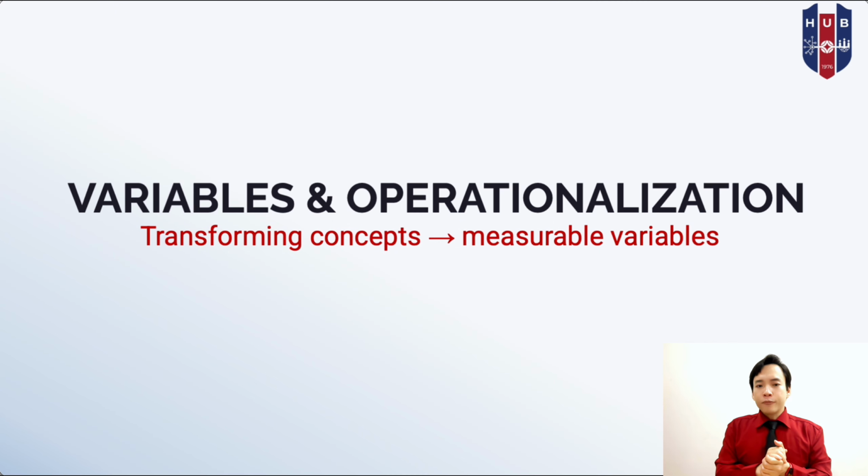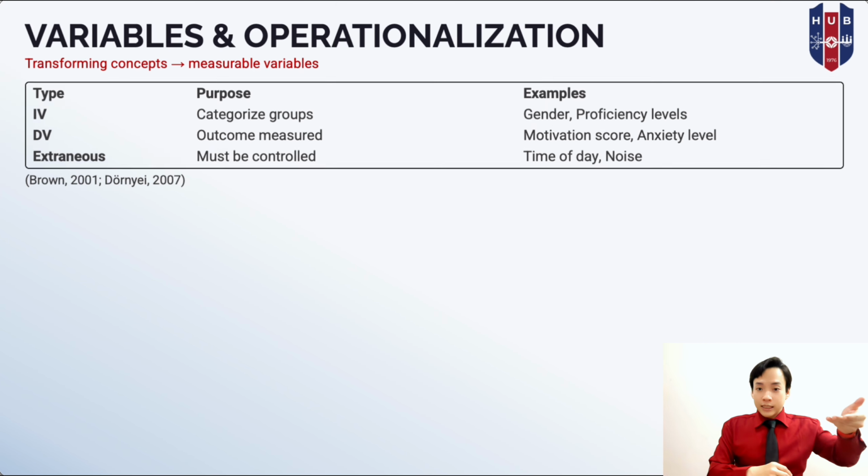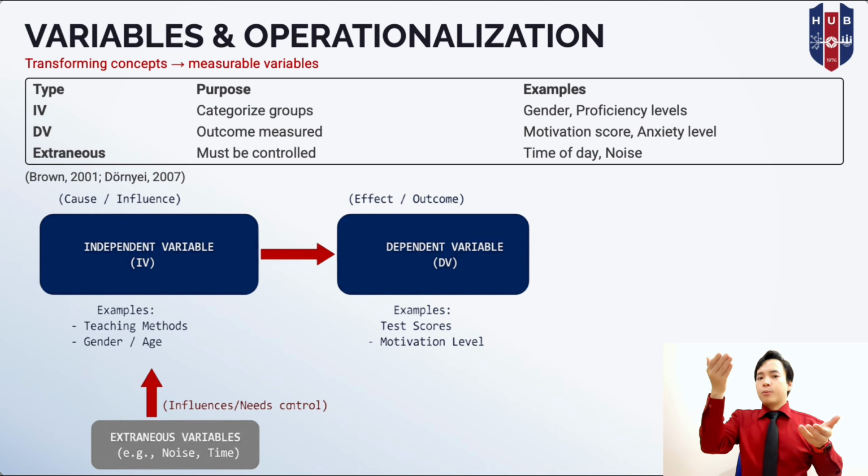In order to measure something, we must convert theoretical constructs into variables. First is the independent variable, such as gender or proficiency, which we use to compare different groups of learners. Then we have the dependent variable, which is the outcome we want to understand. For example, do students with higher proficiency feel less anxious?